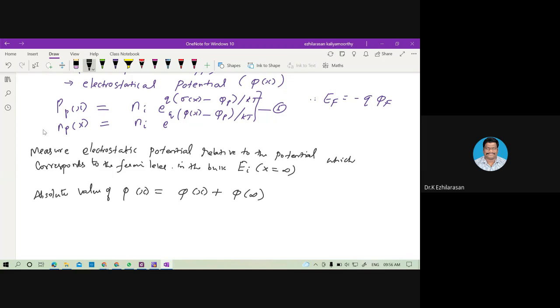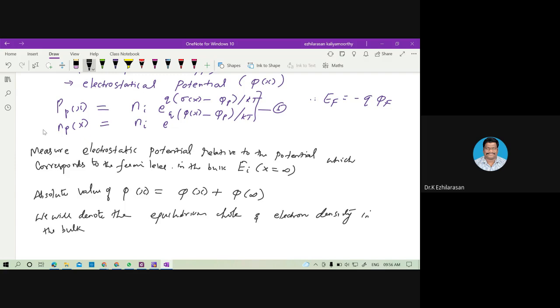Now let us denote the equilibrium hole and electron densities in the bulk again.